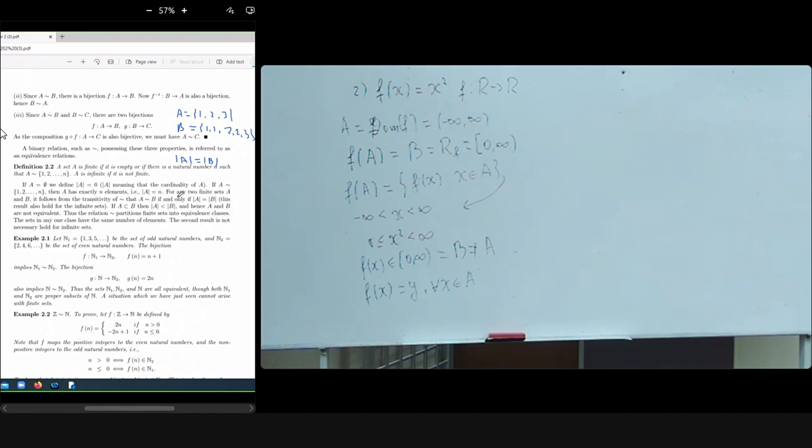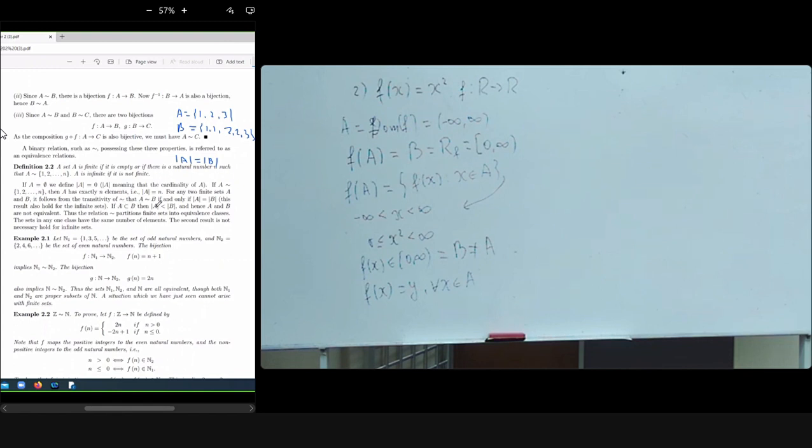Okay, please be careful. If A is a proper subset of B, then the cardinality of A is less than that of B. Proper means that there is an element of B which is not in A. So B is the larger set and A is a subset.